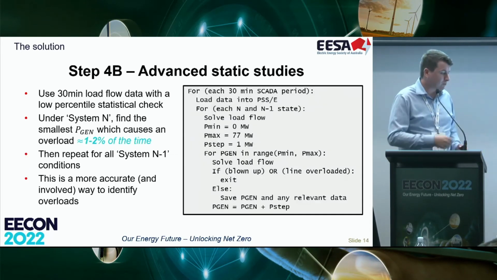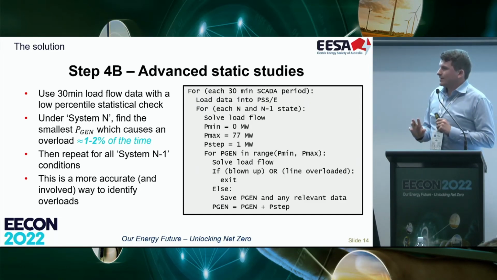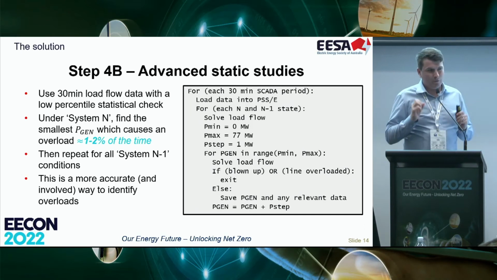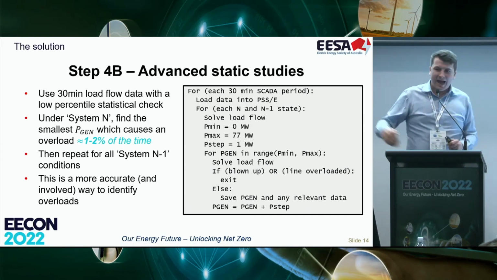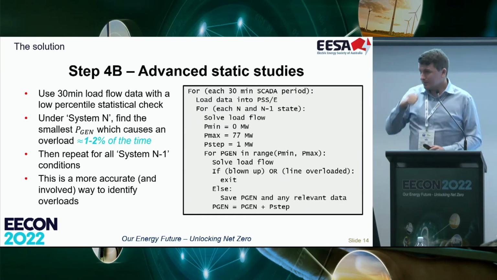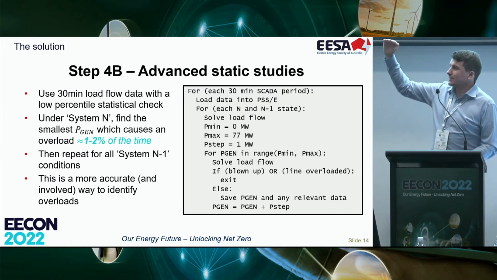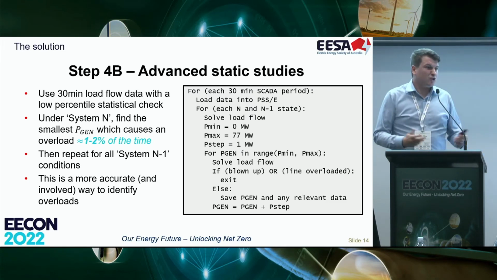So this more advanced process is basically to fill in your network with the SCADA data that your NSP can provide if you ask especially nicely, and step your generator up for each time step until you hit a Pmax. What I mean by Pmax is the limit at which you overload a line. And you can do that under N and N-1 scenarios.